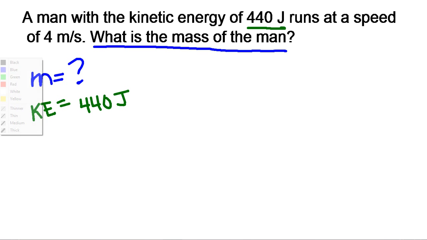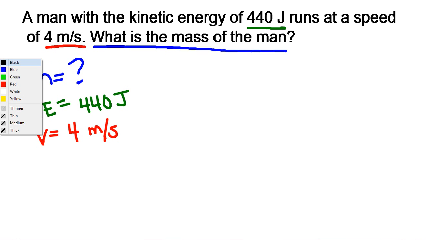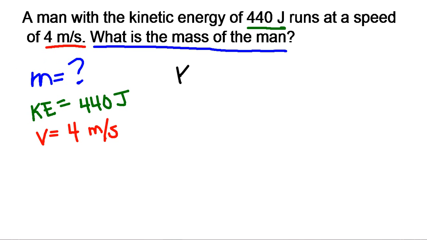And our last variable in our kinetic energy equation is velocity, and velocity has the units of meters per second. So I'm going to look for where I see m/s, and I'm going to see that my velocity is 4 meters per second.